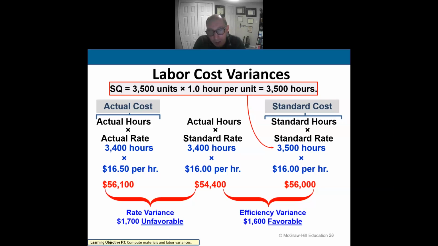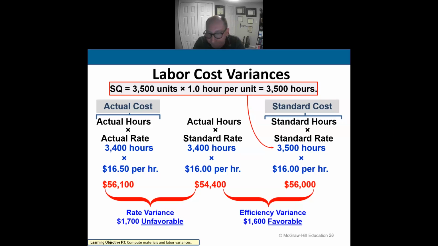My actual hours, efficiency, that's favorable. Why? Because it took me 100 hours less to manufacture 3,500 golf clubs. So with the standard minus the variance, actual minus the variance, we get the rate variance and the efficiency variance.